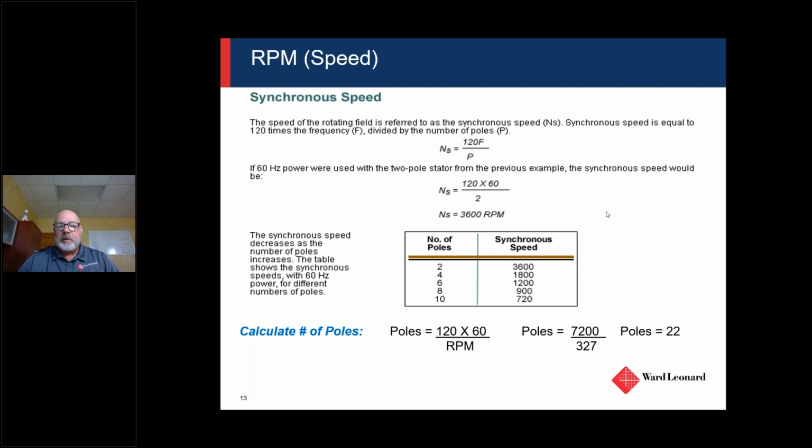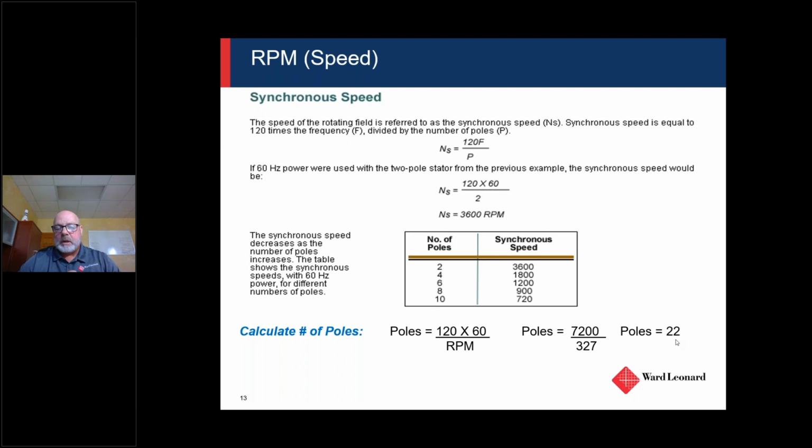If you want to determine how many poles your motor has, it's 120 times 60 divided by the RPM of the motor. So in the example below here, you'll see 7,200, which is 120 times 60, divided by 327 RPM, which gives us a 22-pole motor, right?